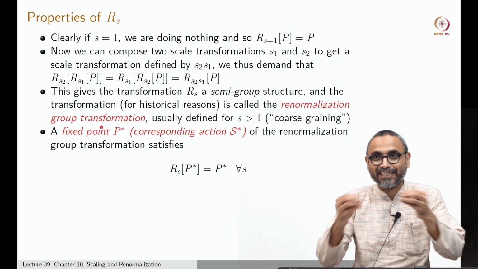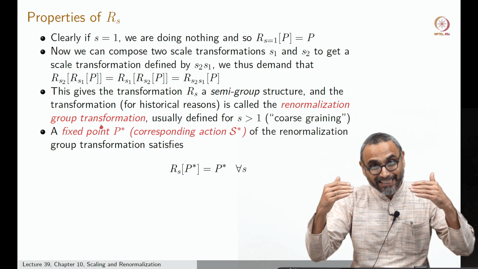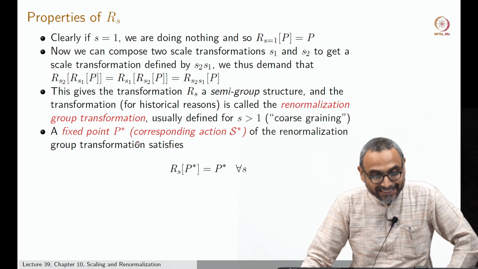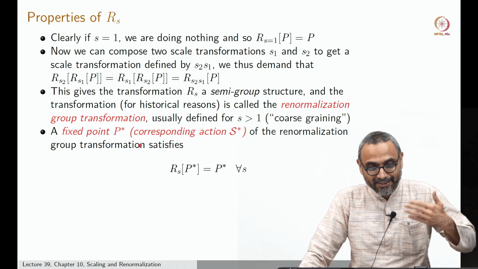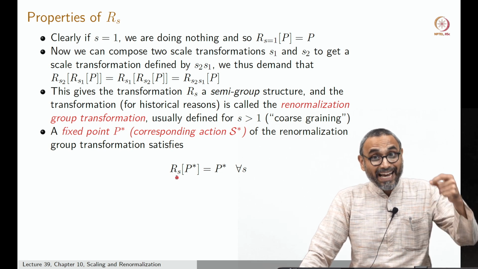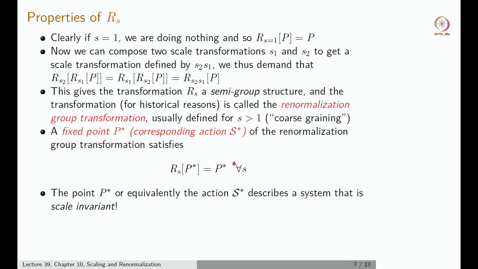So P star gives you a set of coefficients of the Ginzburg-Landau theory, if you wish, and there is an action you can construct, and under this renormalization group transformation with parameter S, for any value of S, you will see that R_S of P star is P star.